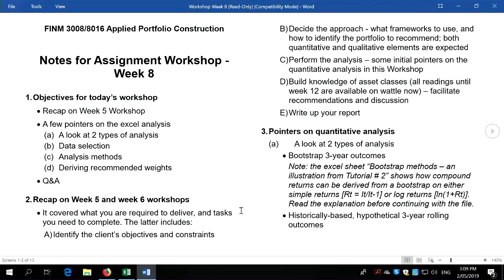And the marking of the assignment. I would like to highlight at this stage that your assignment is not going to be marked against a set of correct asset allocations.